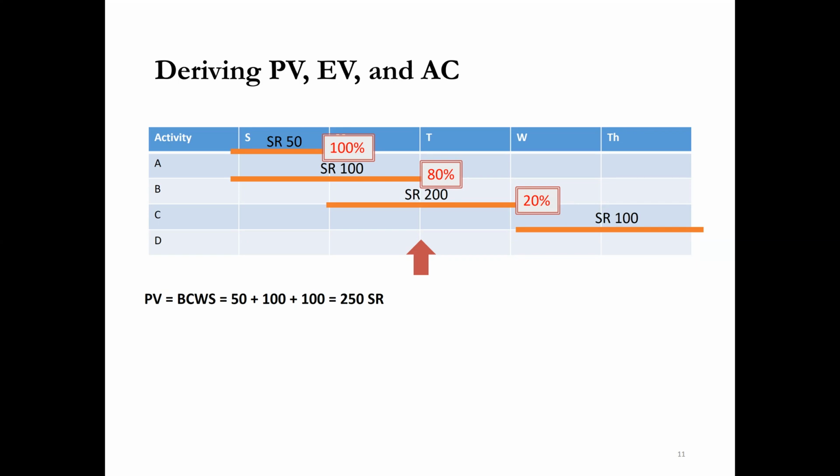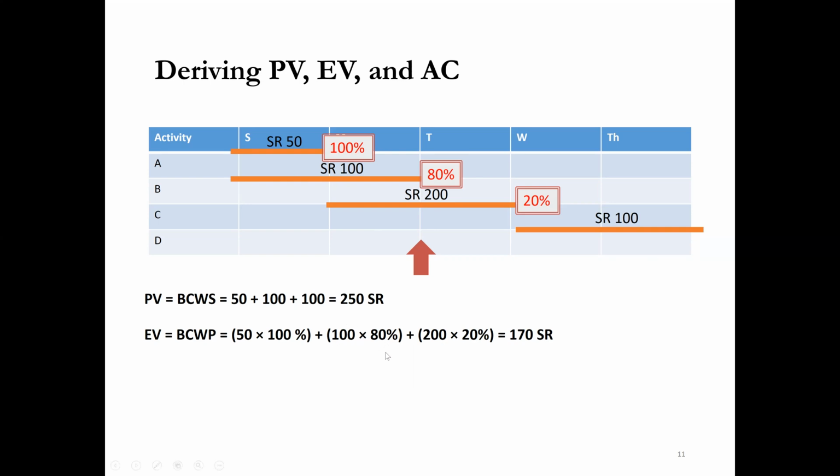So with this data, we can calculate the EV. The first work is 50, multiplied by 100%, because this work is complete. We are going to check the status after 2 days. Plus work B, whose price is 100, but this work is 80% complete, so we can claim payment for 80% of the work done.